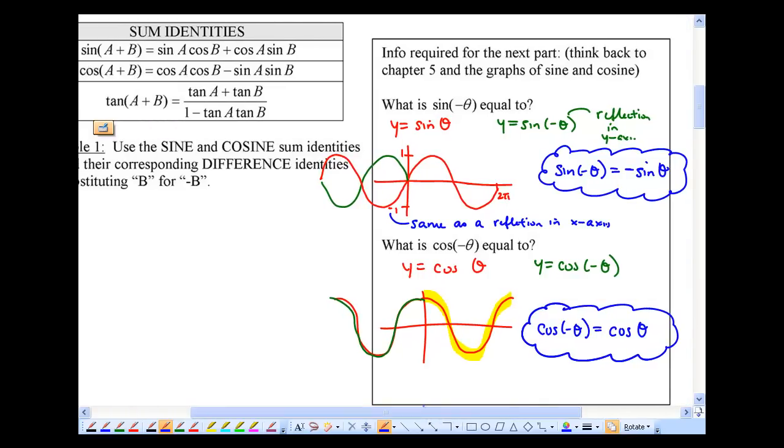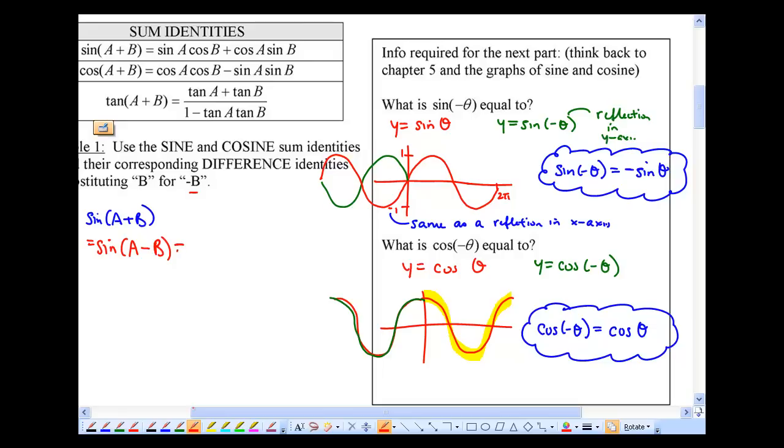Okay, so I'm going to ask us to do sine first. So instead of having sine a plus b, because I'm asking you to substitute b for negative b, this now becomes sine a plus negative b, or a minus b.